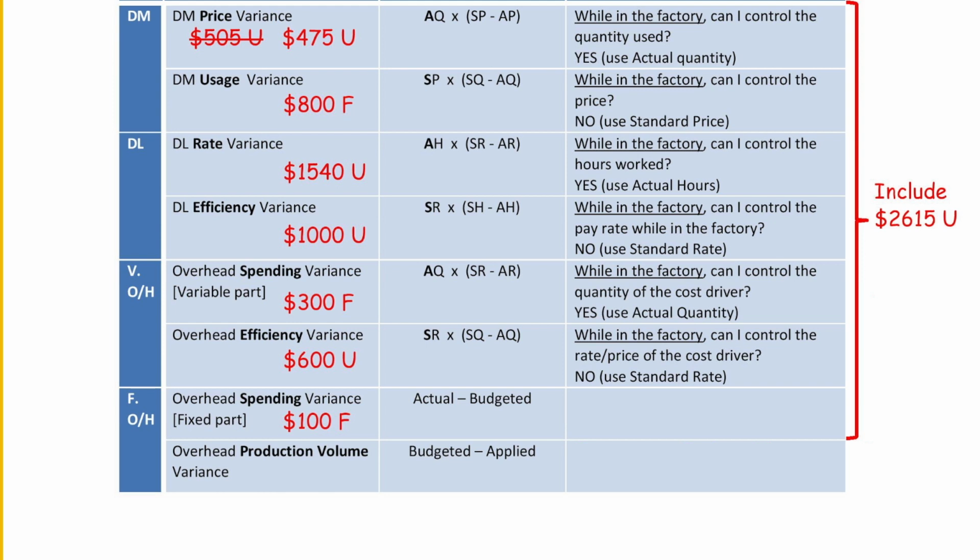So all these cost variances in total are $2,615 unfavorable. Now that's included in flexible budget variance. So once again, flexible budget variance is going to include variances for direct material, direct labor, variable overheads and the fixed overhead spending variance.